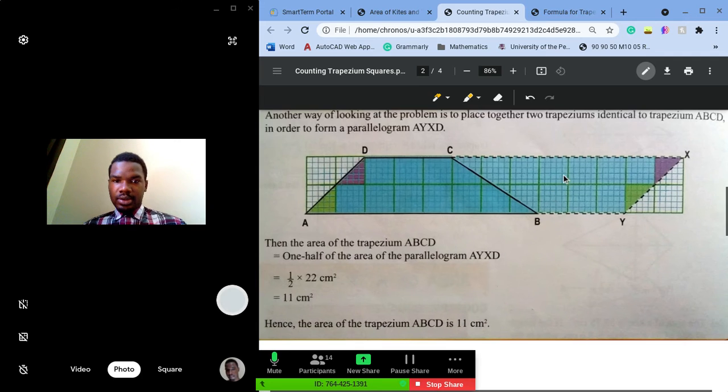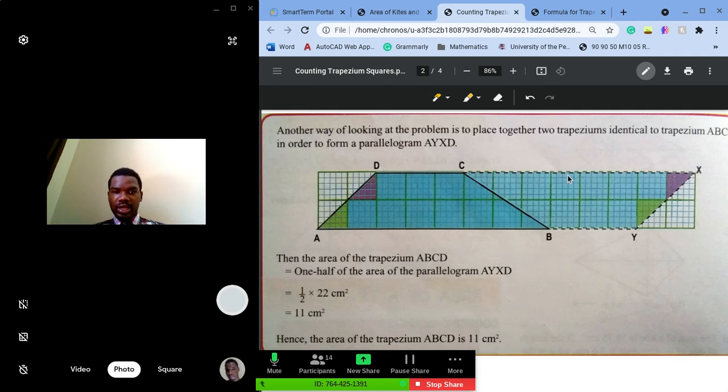Okay, good. So another way of looking at it is this method where you can create another trapezium. So let me highlight where our trapezium was. We said our trapezium was A to B, B to C, C to D, and D to A. What we did therefore was to flip.